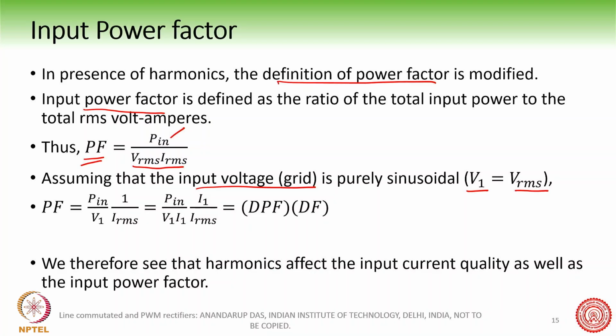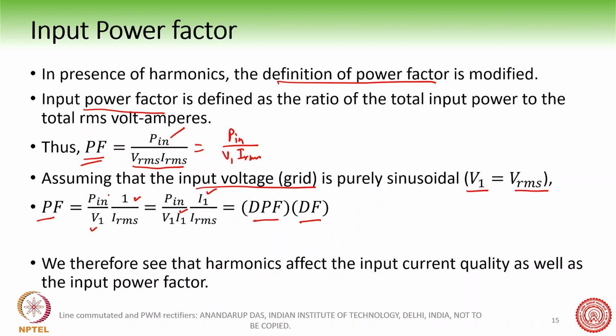So the power factor is P in divided by V1 into I RMS, and this can be written as P in by V1 I1 times I1 by I RMS. Multiplying both numerator and denominator by the same I1, we see that power factor is equal to DPF into DF.